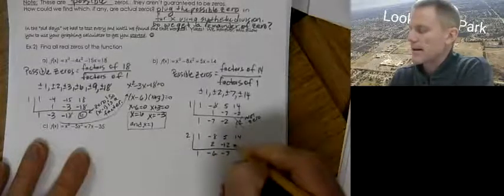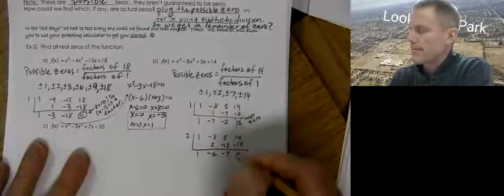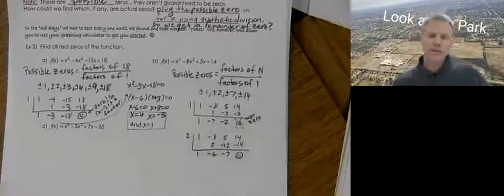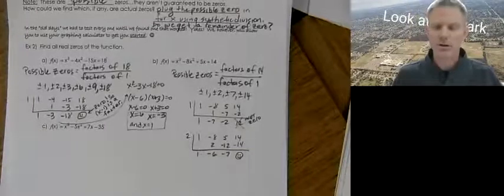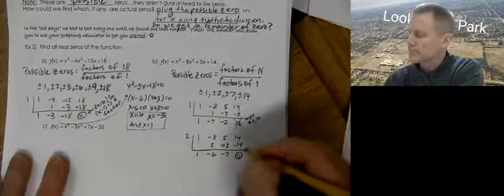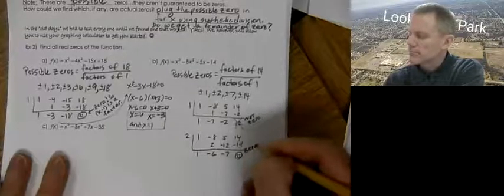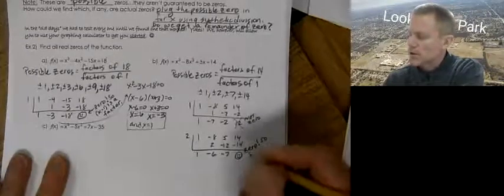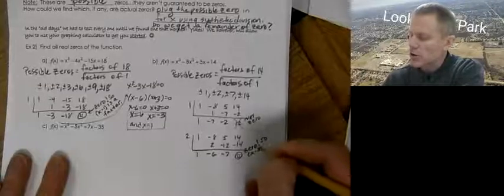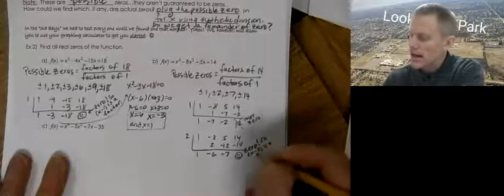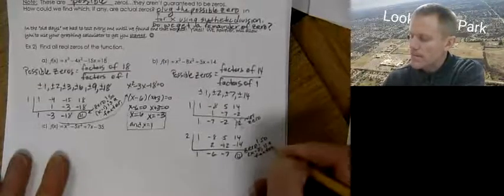Oh, look at that. We get our smiley face. We got our 0. So x minus 2 is a factor.